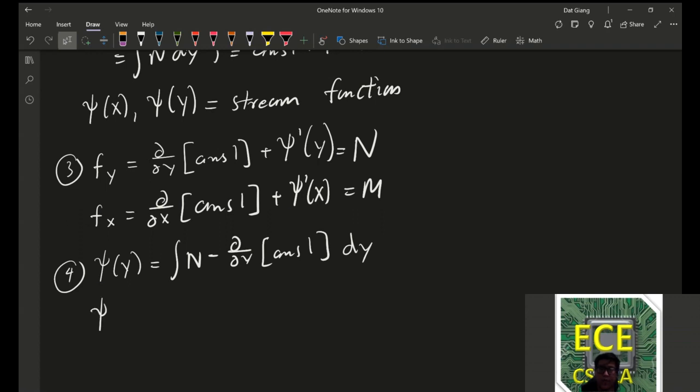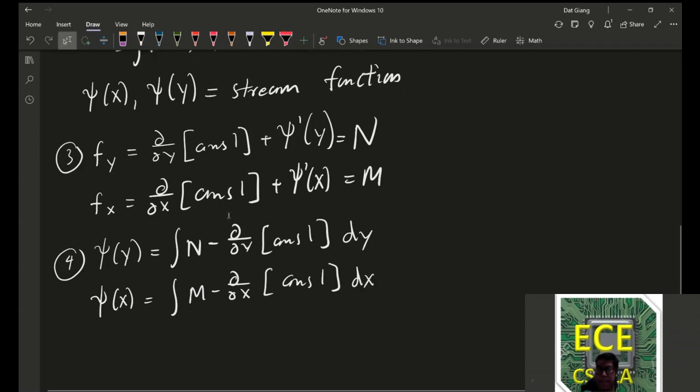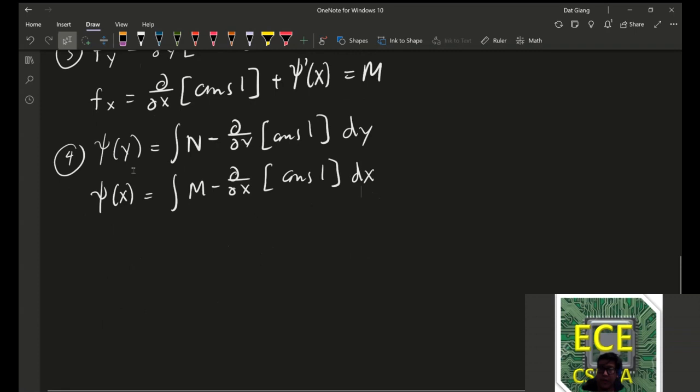Or if you're solving for psi of x, the integral of M minus ∂/∂x of answer 1 dx. Because this notation is rather heavy, I'm just going to say this is answer 2 plus c. Similarly, answer 2 plus c.